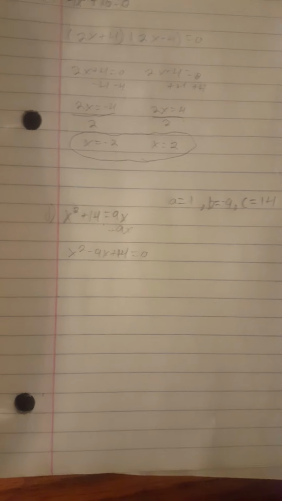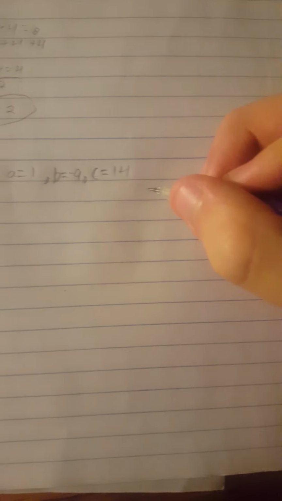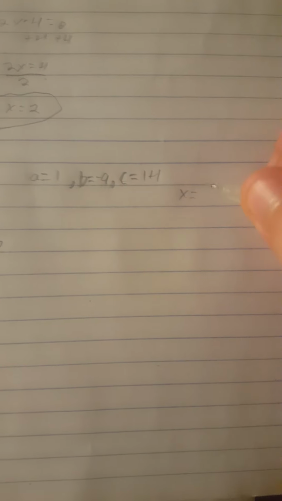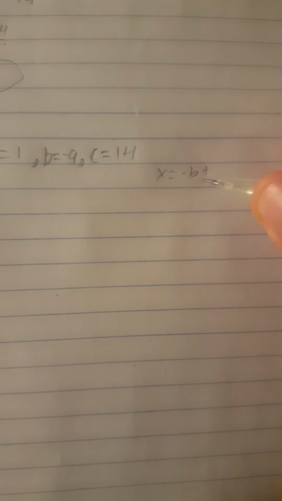Now we have to fill out the quadratic formula, which is x equals negative b plus or minus the square root of b squared minus 4ac, all divided by 2a.